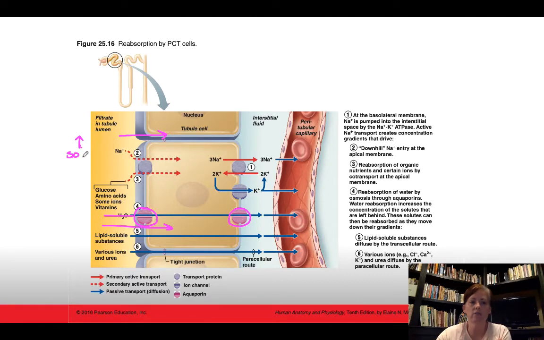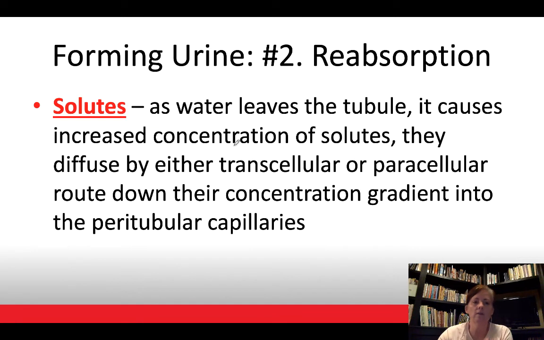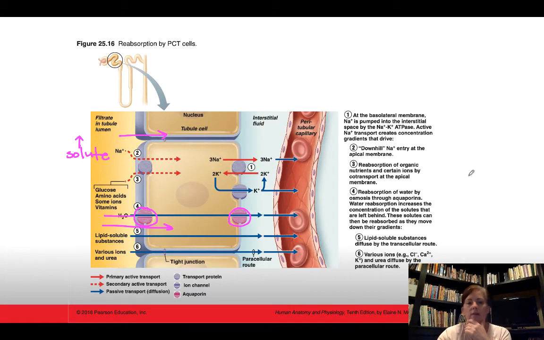So we're going to have increased solute concentration in the tubule, and then solutes are going to diffuse, either transcellularly or paracellularly, down their concentration gradient. So the fact that water is moving from the tubule eventually into the capillary bed creates this concentration gradient of the solutes, and the solutes are able to use that so that they can move.